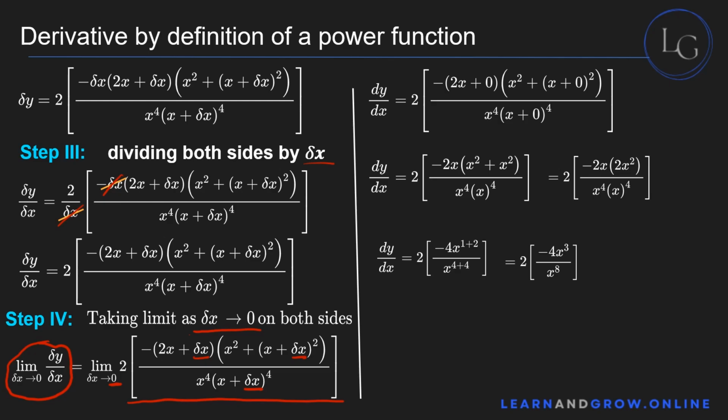This x cubed and this x to the power 8, obviously it will become 8 minus 3 because it's being divided. And so you'll get minus 8. When you multiply this 2 into this minus 4, you'll get minus 8, and this becomes x to the power 5. So dy by dx becomes minus 8 over x to the power 5. And so this is what you just have to do.